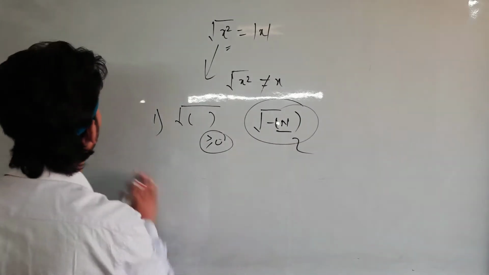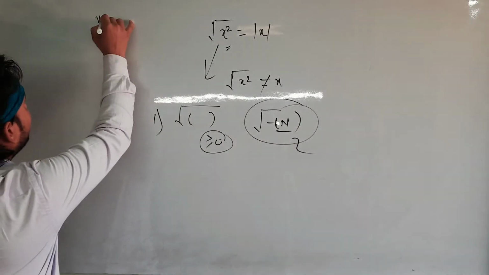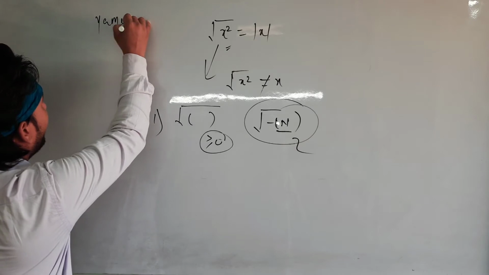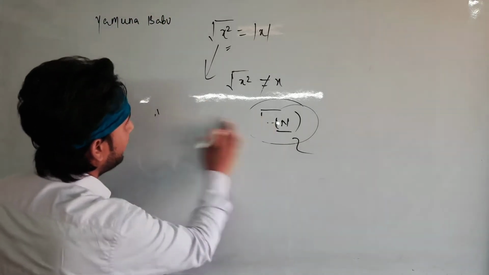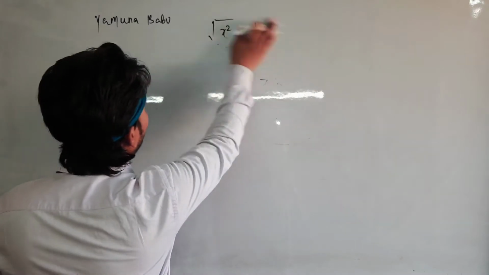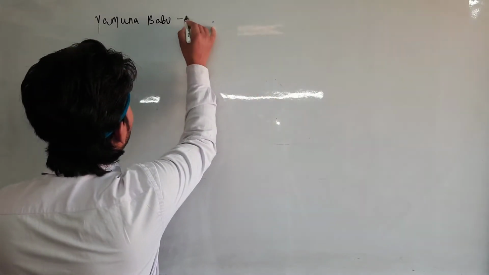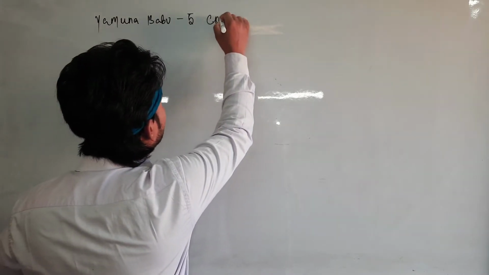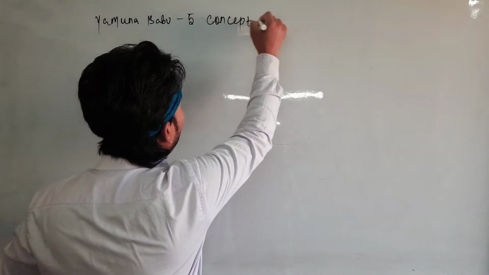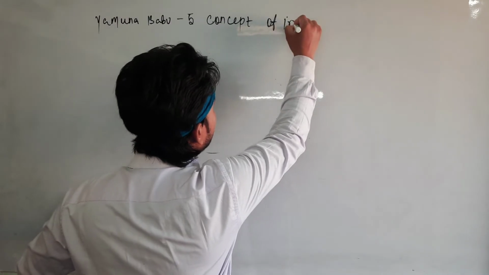Let's see it again. I am writing it: Yamuna Babu 5 concepts of irrational inequalities.